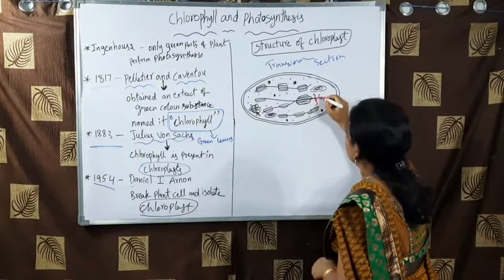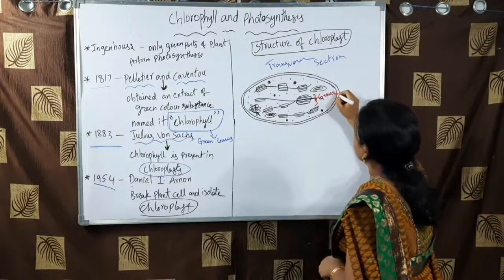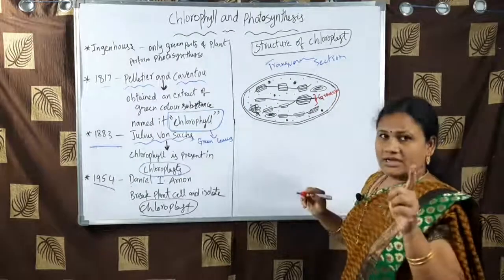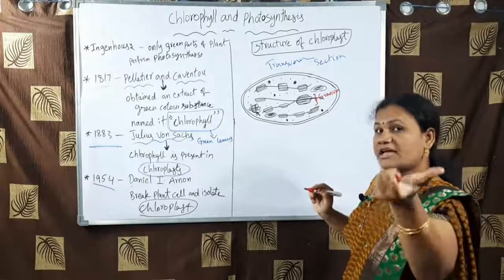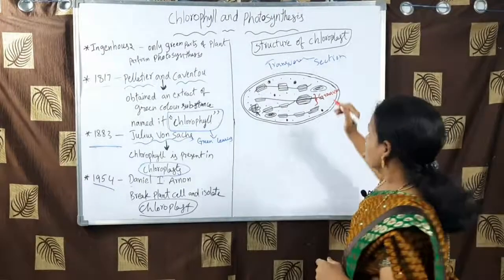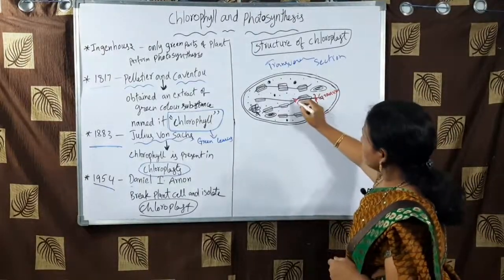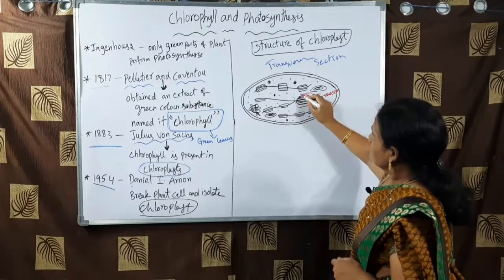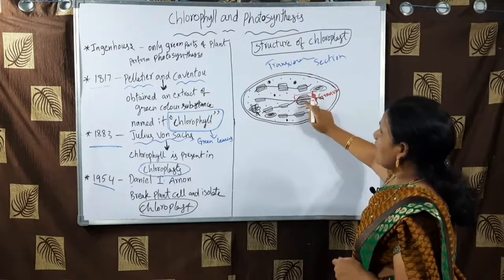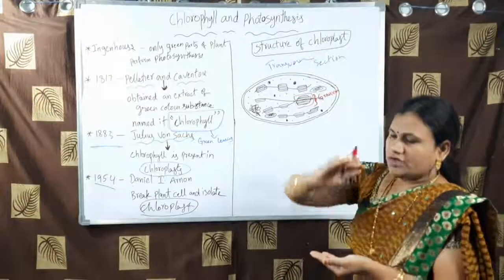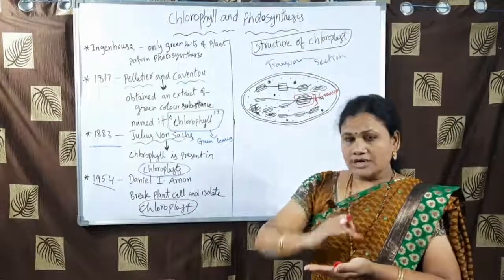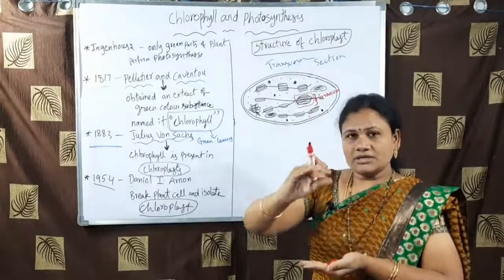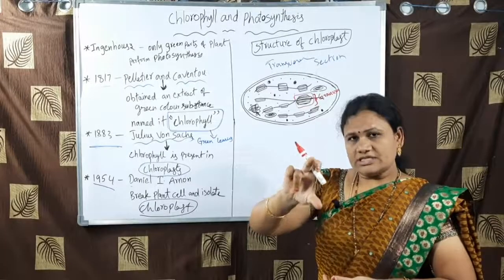That is granum, several stacks of sac-like structures. What are those stacks of sac-like structures? If you see this entire part, several sac-like stacks. Stacks means one over another. If we arrange coins one over another, it looks like a stack.